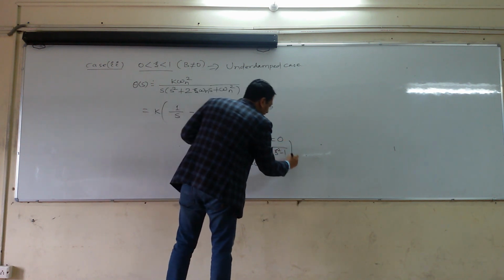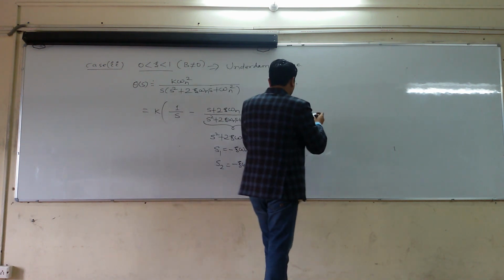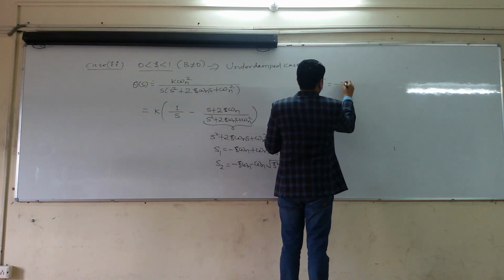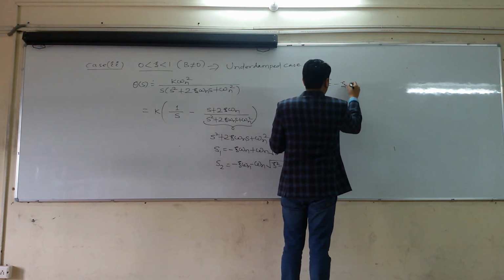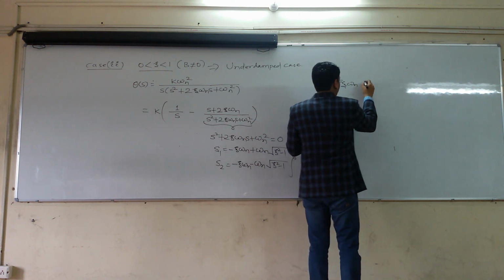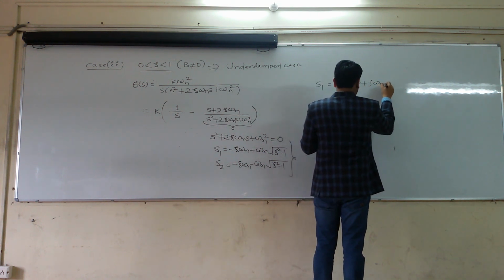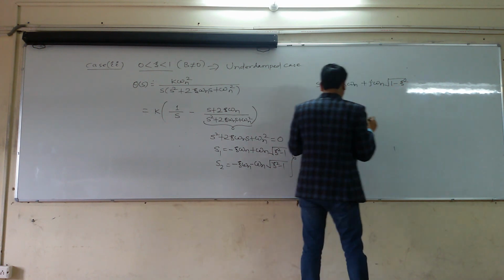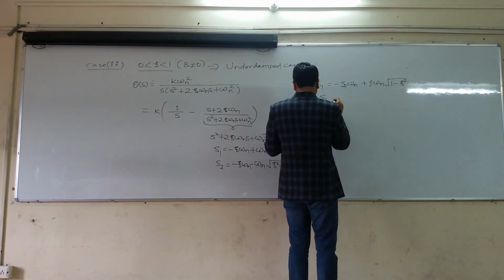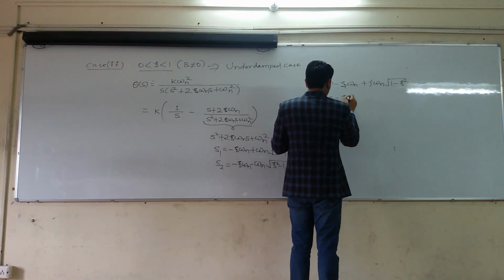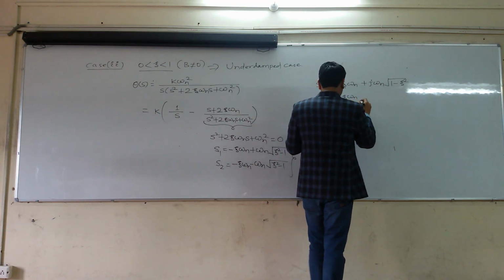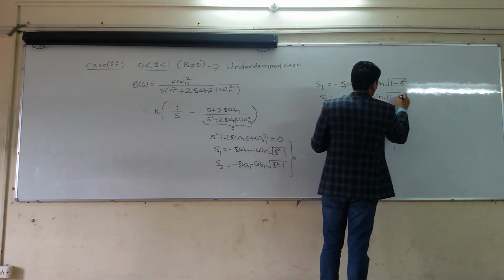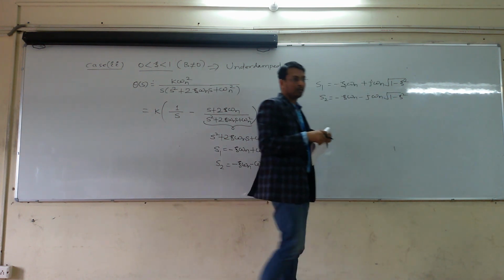So I am going to write these roots as s1 equal to minus zeta omega n plus j omega n root under 1 minus zeta square, and s2 equal to minus zeta omega n minus j omega n root under 1 minus zeta square.